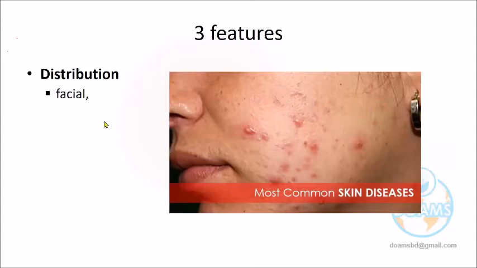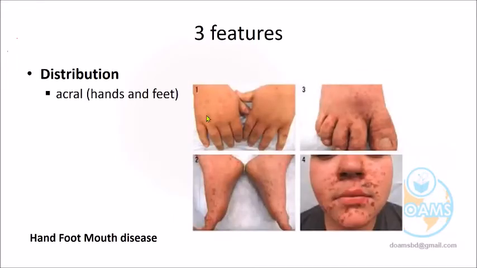Now again another distribution. In the face, papular lesions, macular lesions, there might be some vesicles, sometimes pustules. What is the diagnosis now? Acne. So the location of the face is more likely to be acne.